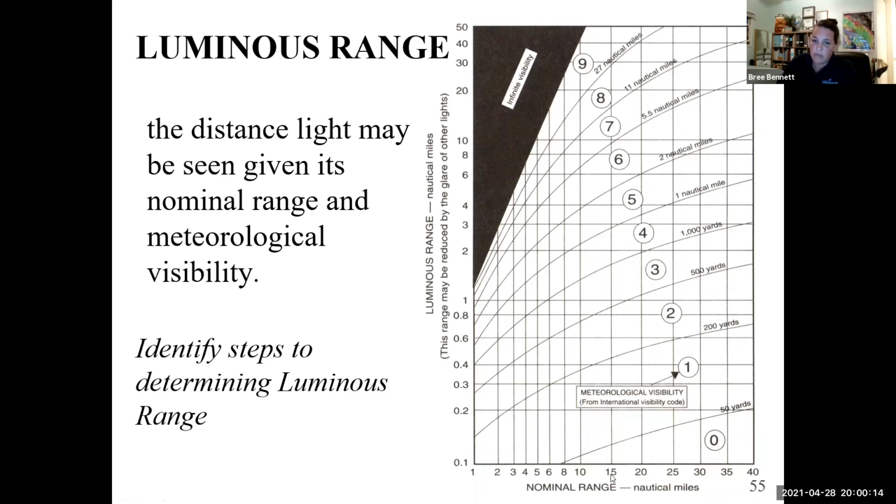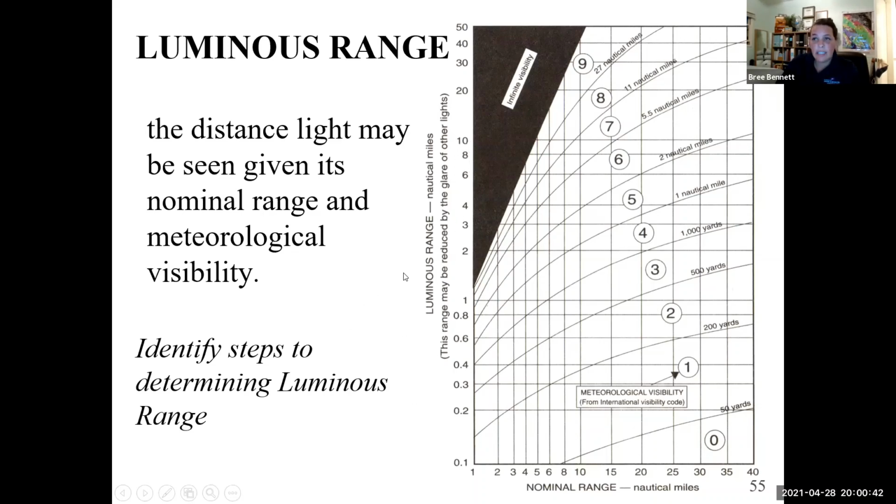So if our nominal range is 15, but it's pretty foggy out and my visibility is only 5 nautical miles, I'm going to follow that line up to the curve of my 5 and then go directly over to see what my luminous range is. That says my luminous range is going to be in between 8 and 10. So I'll go with 9.